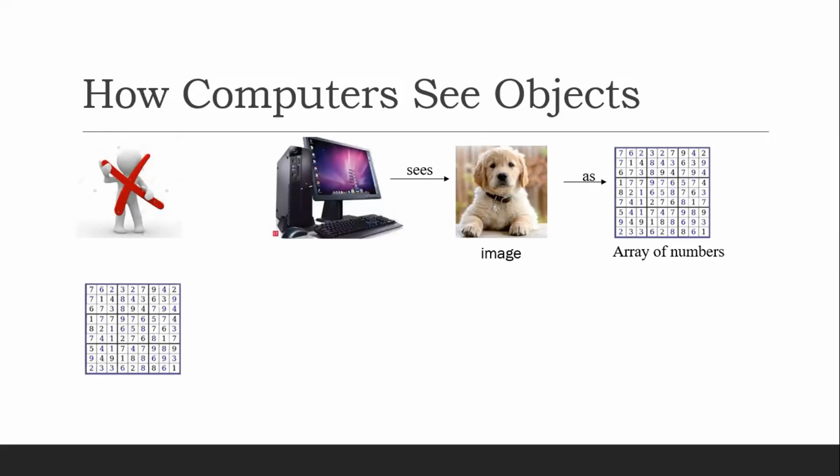We agree that every image is made up of pixels, right? So in the matrix or the array of numbers you see over here, each cell in this matrix represents a pixel in the image.